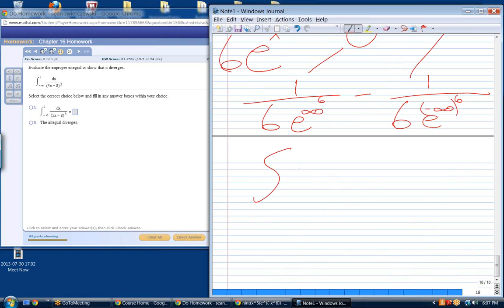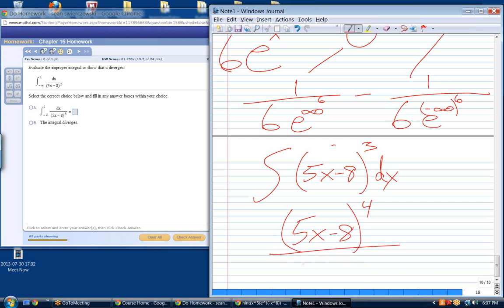So let's integrate this. What's the integral of that? Okay, so it would be 5x minus 8 to the 4th divided by 4.